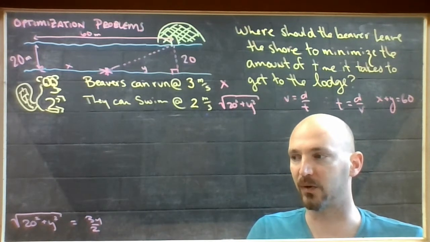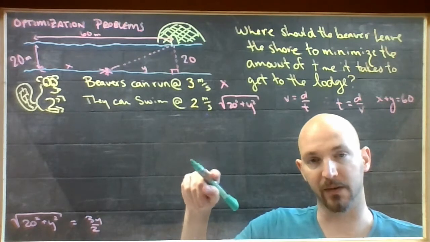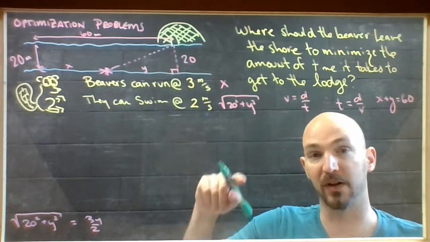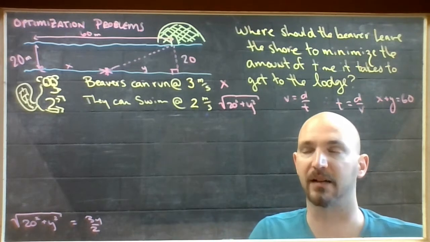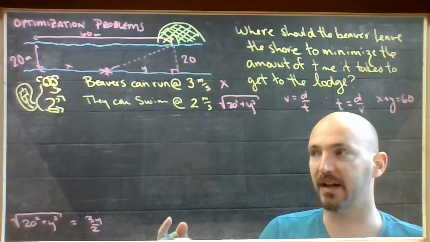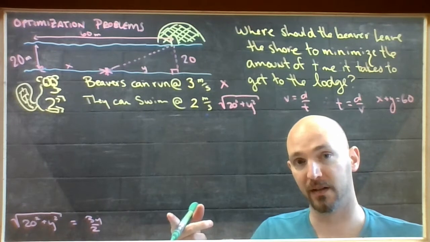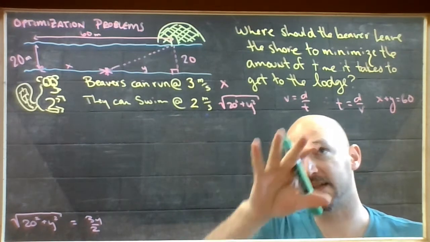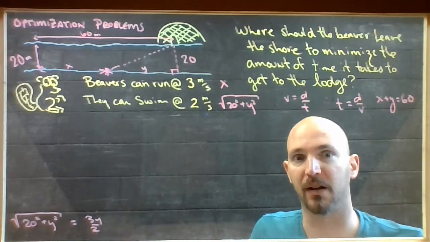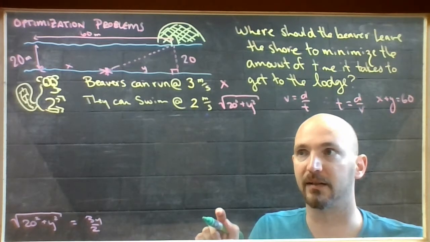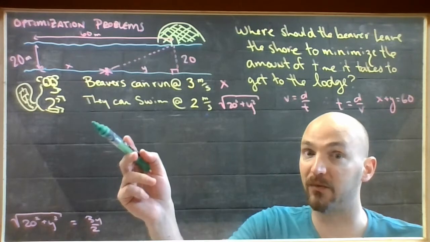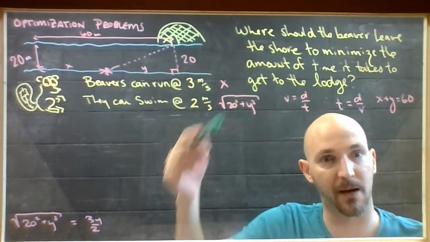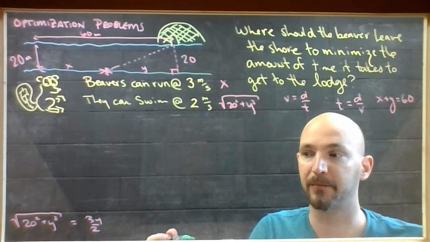If you can get your widgets turned around in less time, that means that your machine can execute the operation more times per second. And if you can do it more times per second, then you can get more output per second. So this is one of the cinder blocks of engineering and design. Not necessarily about beavers, but about building a mathematical model and then trying to optimize it based on some criteria.